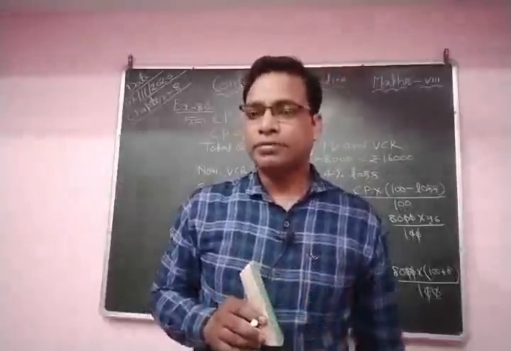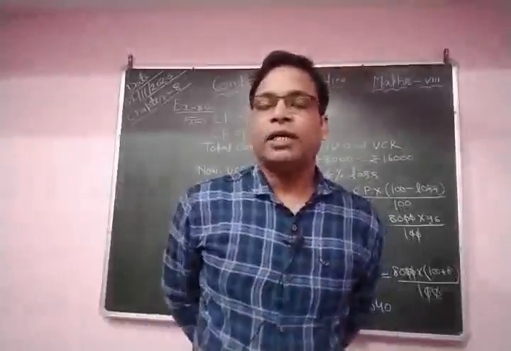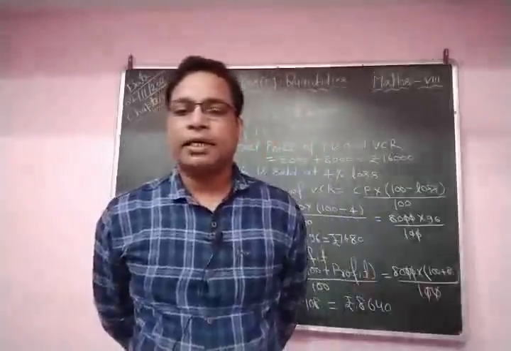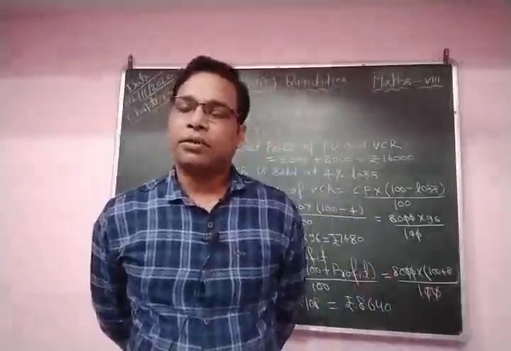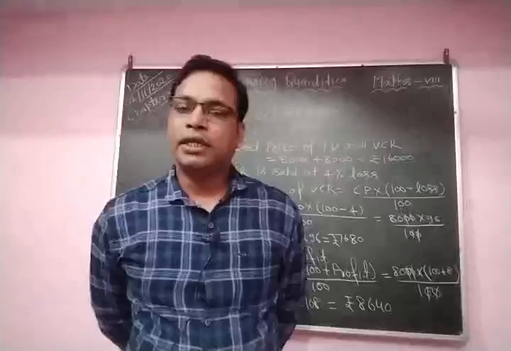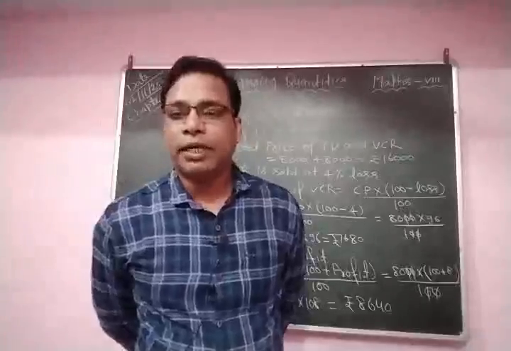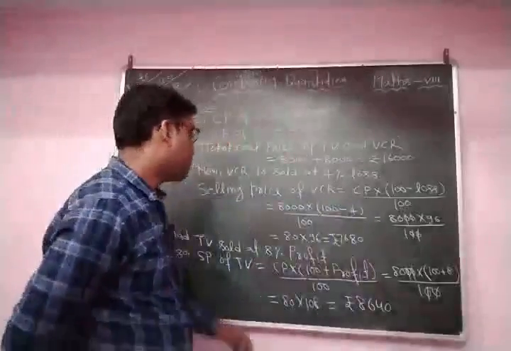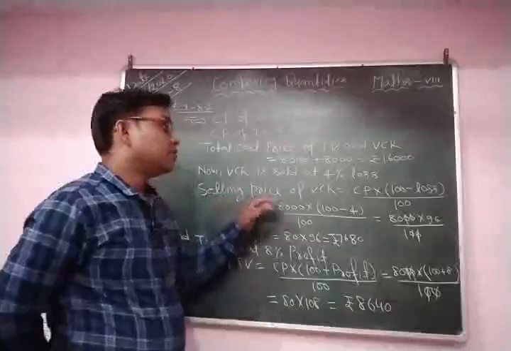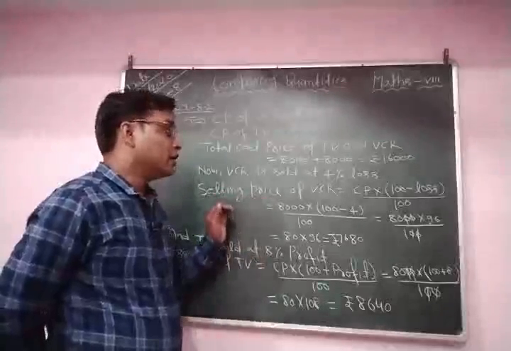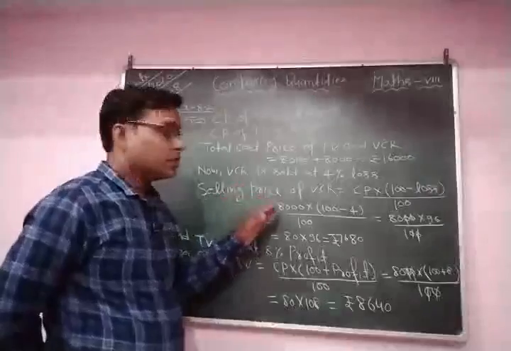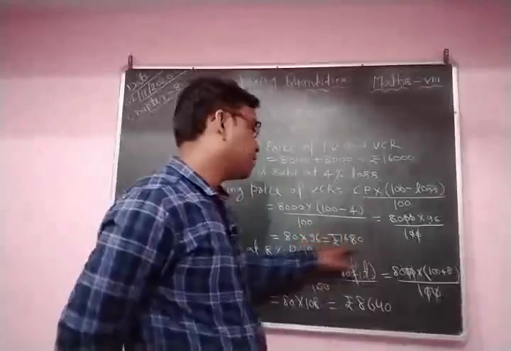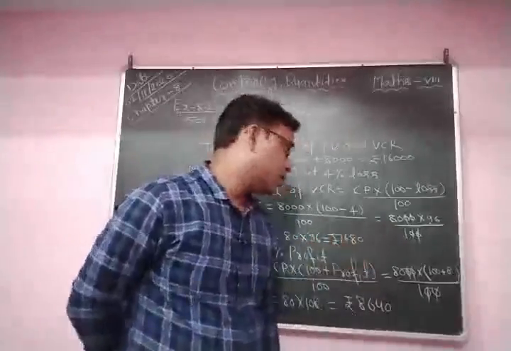We also find the selling price of TV and VCR at 8% profit and 4% loss respectively. First we find the selling price of VCR at 4% loss, which is 7,680 rupees.